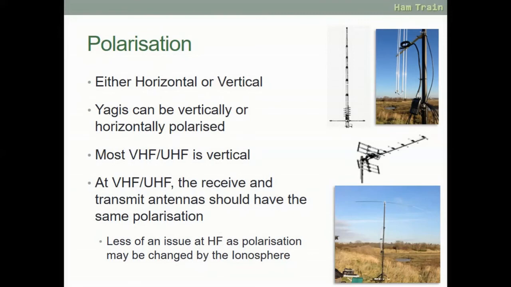And most VHF, UHF is vertical, with the exception of single sideband that likes to be horizontal. At VHF, UHF, the receive and transmit antennas should have the same polarization. This is less of an issue at HF as polarization may be changed in the ionosphere.